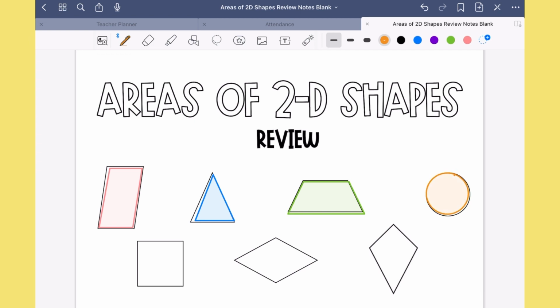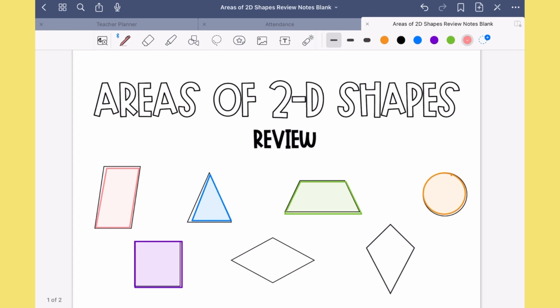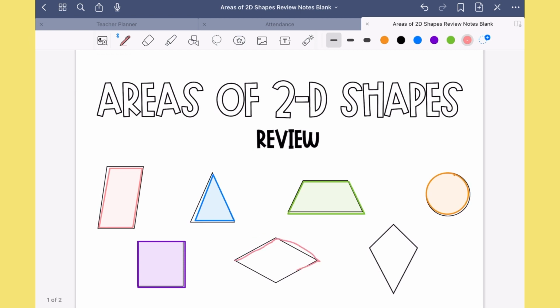And then we're going to have a square, which is another parallelogram. This one is a rhombus. So we would be finding the area of that. And then this is a kite. Okay. So these are going to be the ones we focus on here in geometry.